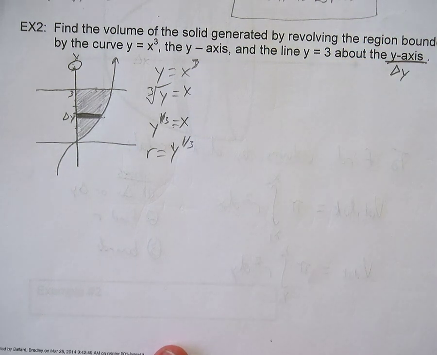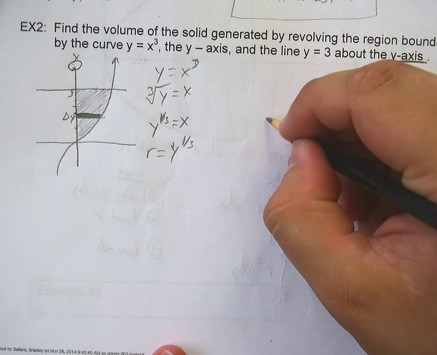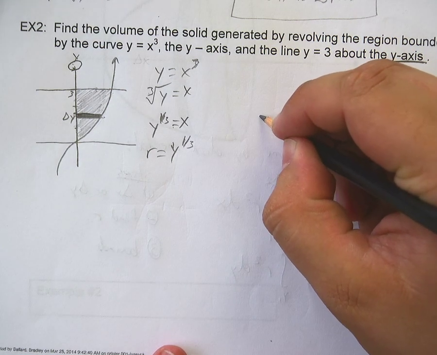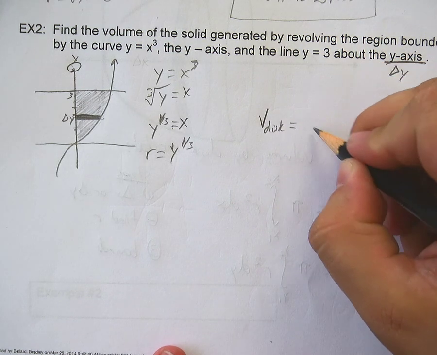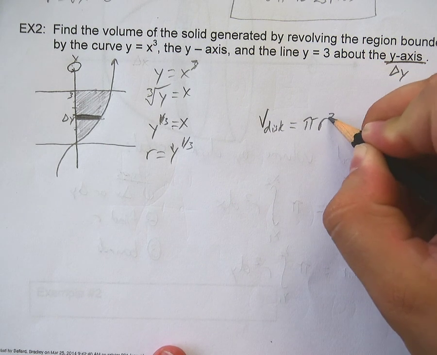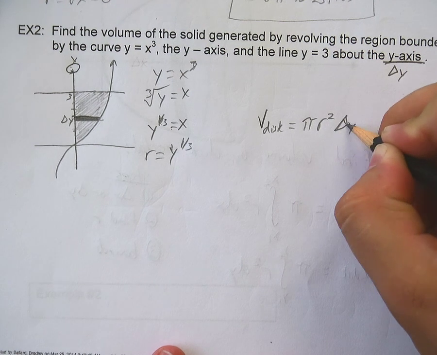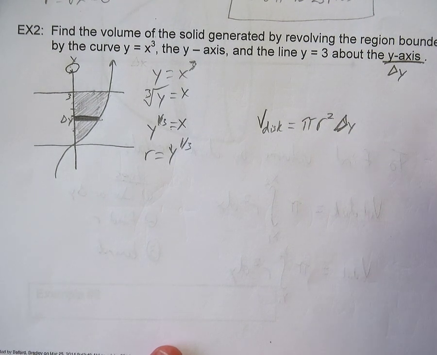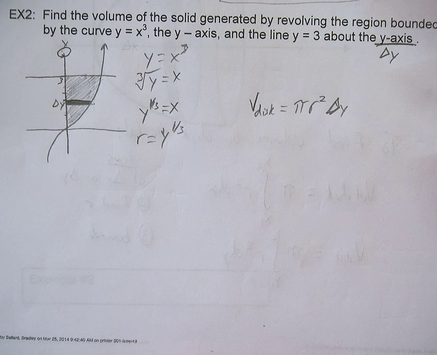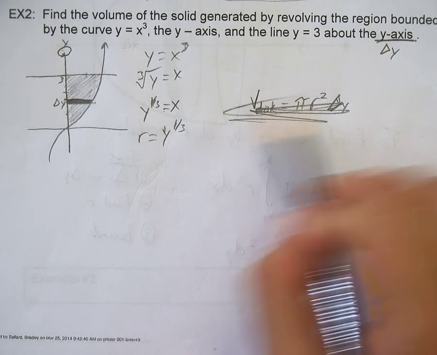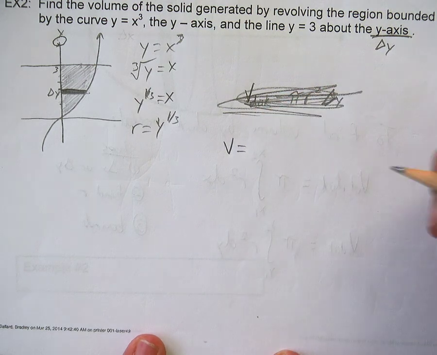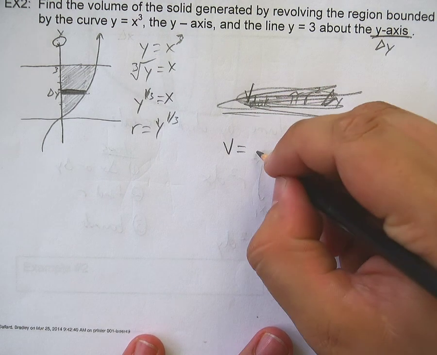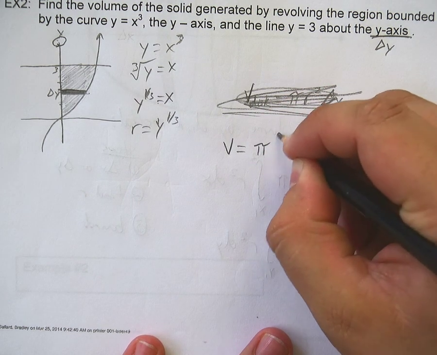All right, so let's set this thing up. We've got the volume of a disk, pi r squared delta y. Let's do calculus. Volume equals pi integral.